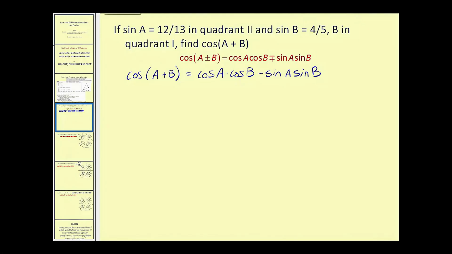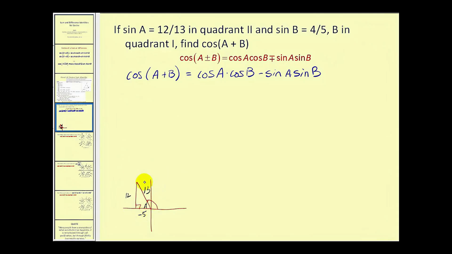So let's go ahead and sketch these angles in standard position. Angle A in the second quadrant might look something like this, where our reference angle, or A prime, would be this angle here, and so the opposite over hypotenuse would be 12/13. And this is a 5, 12, 13 right triangle, so this side would be labeled -5 since we are in the second quadrant.